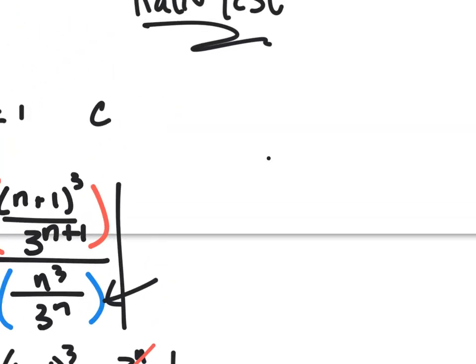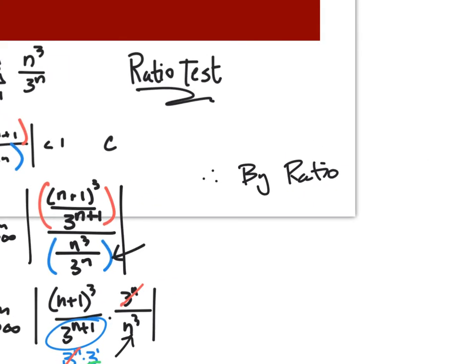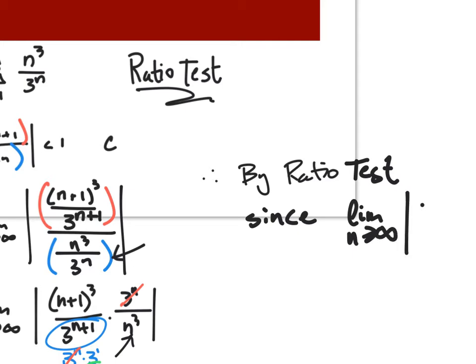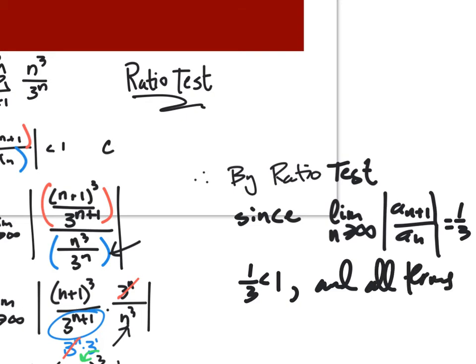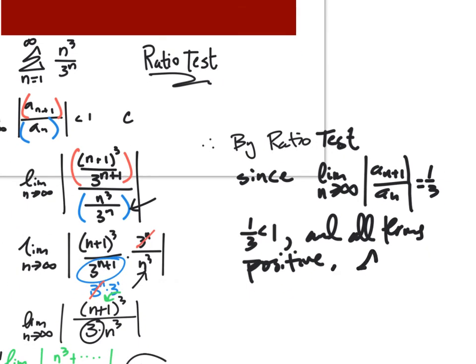Therefore, by the ratio test, not the patio test, by the ratio test, since the limit as n goes to infinity of a sub n plus 1 over a sub n is equal to 1/3, with 1/3 being less than 1, and this is important, all terms are positive, the series from n equals 1 to infinity of a sub n, which we know from above, will converge.